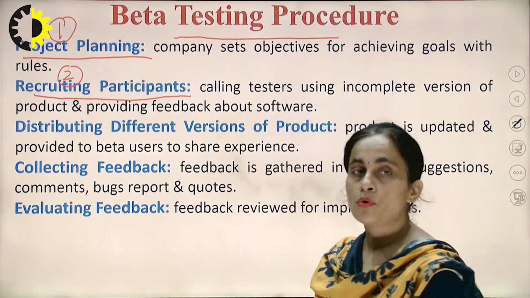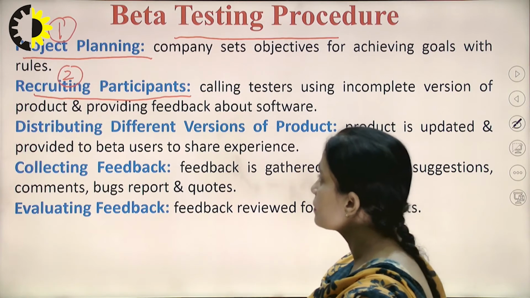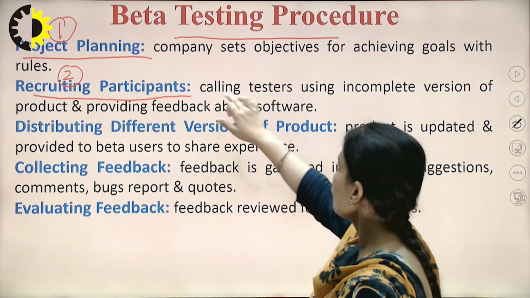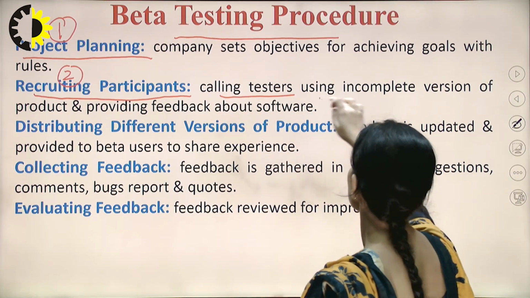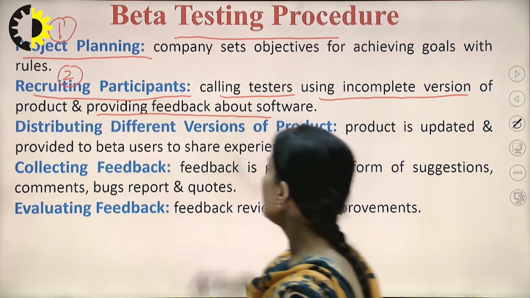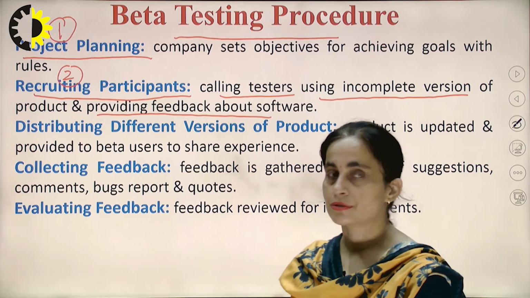Next is who is going to perform this, that is recruiting participants and making the team, meaning we will call testers to use the incomplete version of the product and then provide feedback about the developed software application.